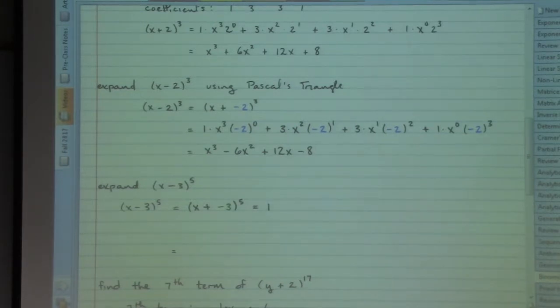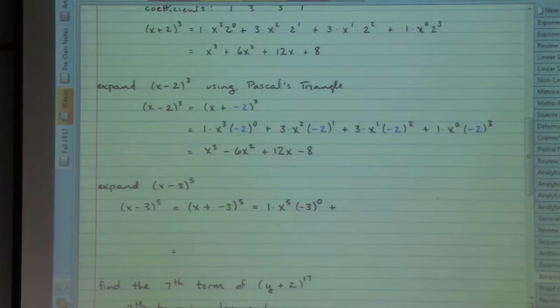We're going to have our first coefficient, which was a 1, times x gets the full power, and the negative 3 gets no contribution at first. Then we always just go with plus. We always go with plus and see just how things simplify in the end.